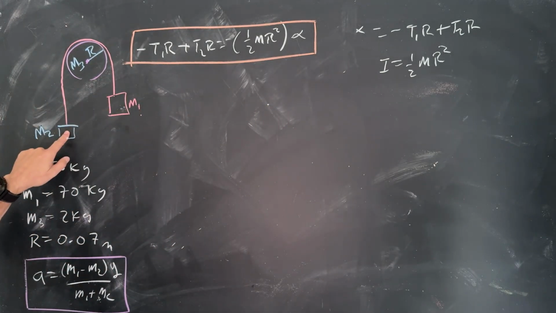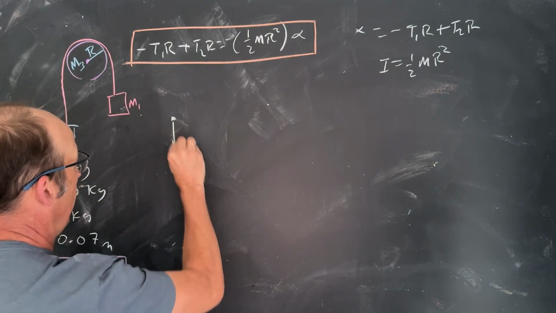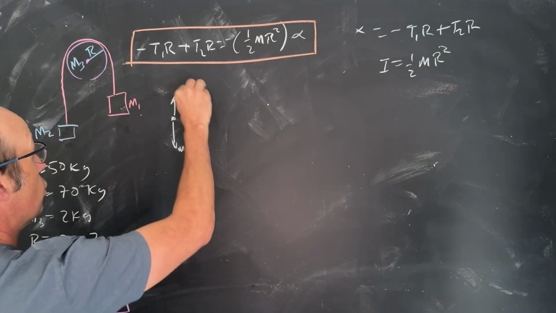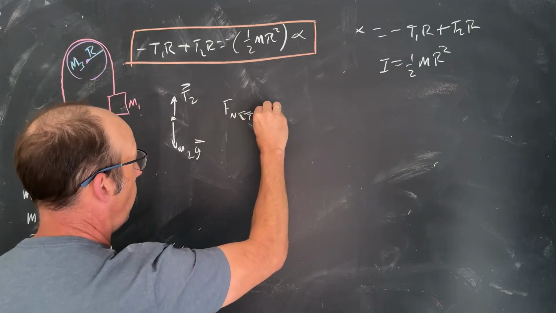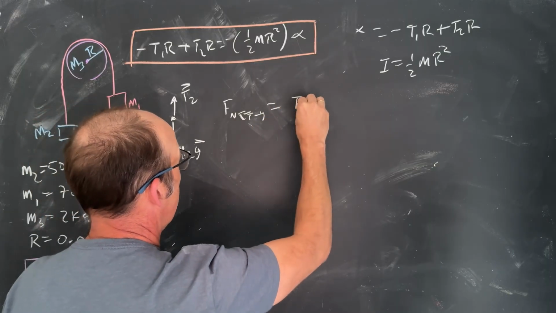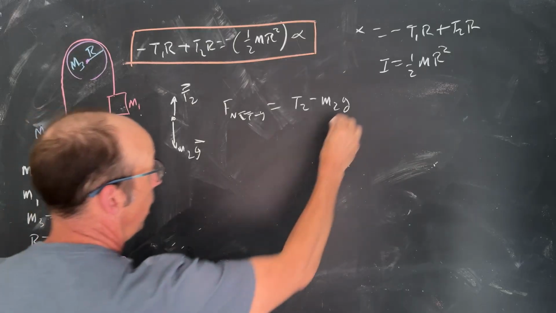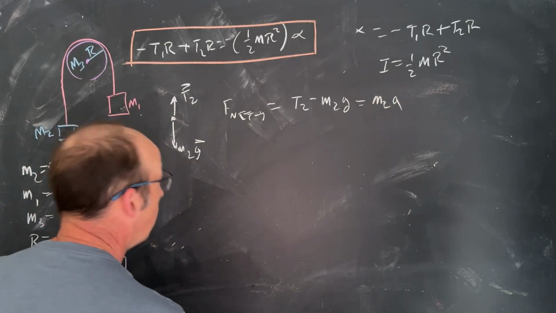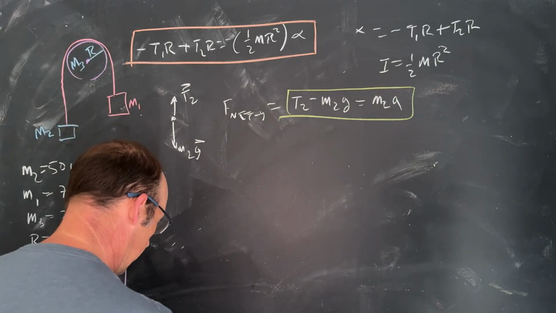Let's go ahead and write down the equation for mass 2. For mass 2, the force diagram looks the same. I have M2 g pulling down, and then I have T2 pulling up. So F net in the y direction is going to be T2 minus M2 g, and it's still going to accelerate up. So that's still M2 a. Box. And then I do the same thing for the other mass.